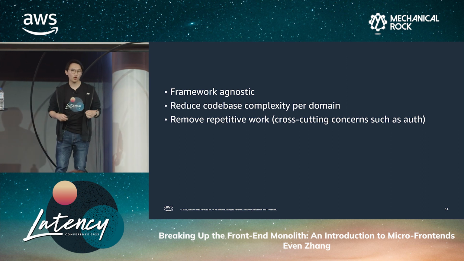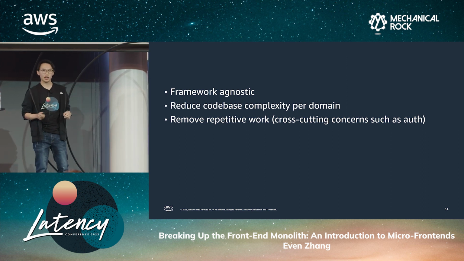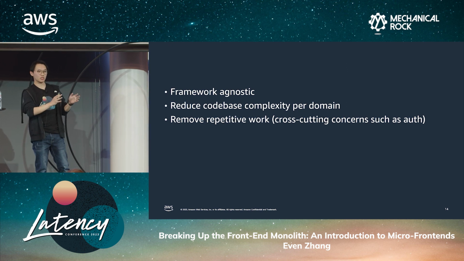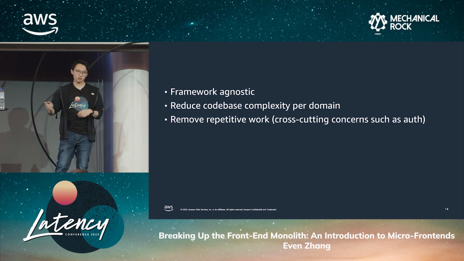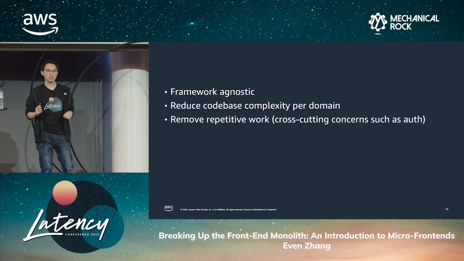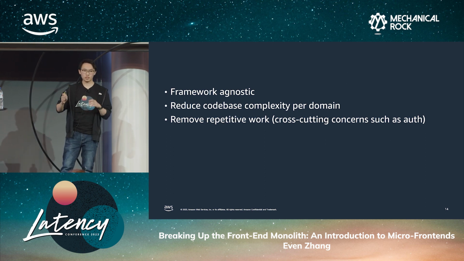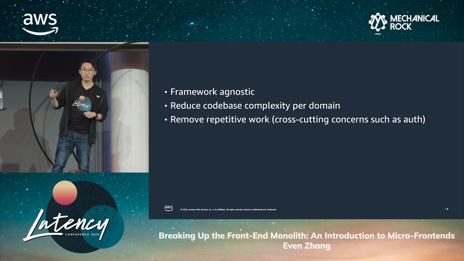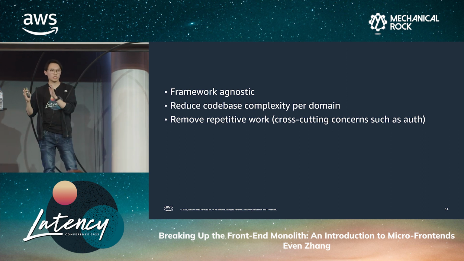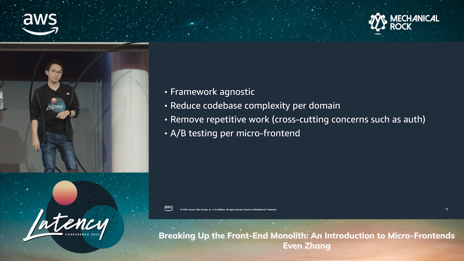And as an AWS employee, I have to mention this word, we call this undifferentiated heavy lifting. You really want your teams to be focused on delivering value. And delivering auth models, auth services a million times is not valuable. You want them to really focus on delivering the business value and keep it simple in their specific domains.